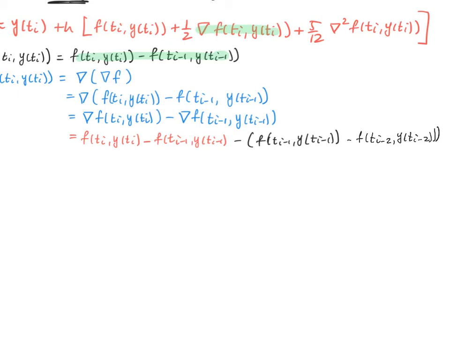So you simplify, and this will give you f of ti, y of ti minus, you can combine, 2 f of ti minus 1, y of ti minus 1. And then finally plus f of ti minus 2, y of ti minus 2. Therefore, this part is going to be equal to all of this.